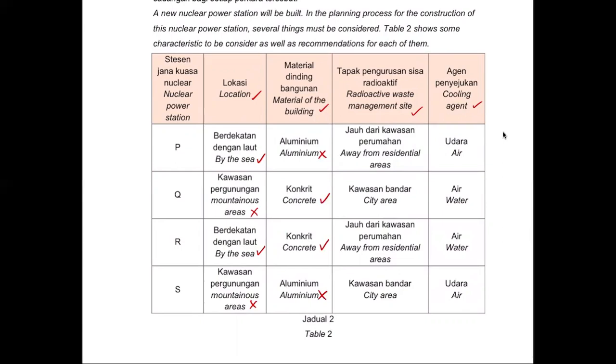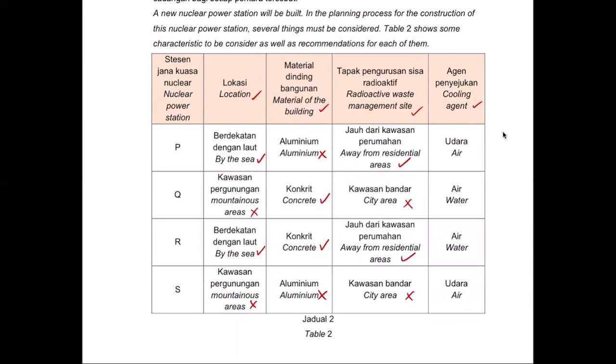Okay, and then the radioactive waste management site, it should be located away from residential areas and not at the city area where there is a vast population of humans. Okay, away from residential areas.